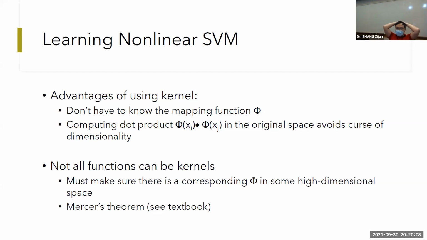So the advantage of using a kernel is you don't have to know the mapping function. Okay. And you're computing dot products of this mapping function in the original space to avoid the curse of dimensionality. But not all functions can be kernels. Okay, so you must make sure that there's a corresponding function in some high dimensional space. And you can also refer to Mercer's theorem, okay, to check whether a function can be a kernel.